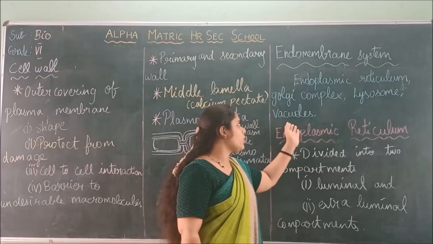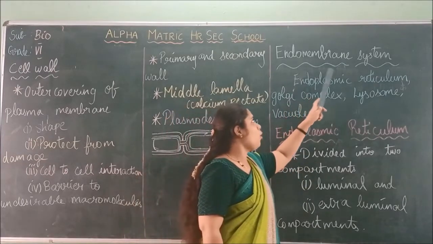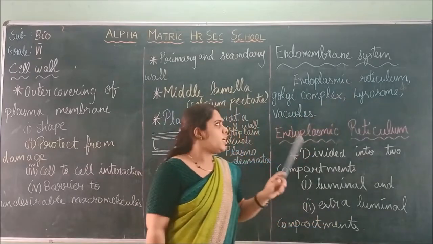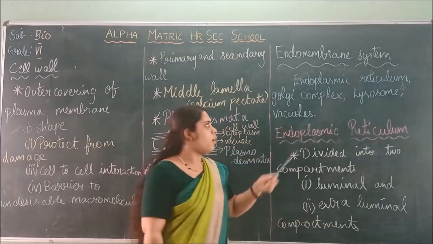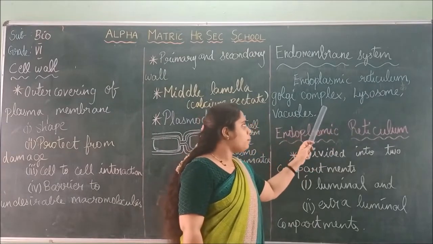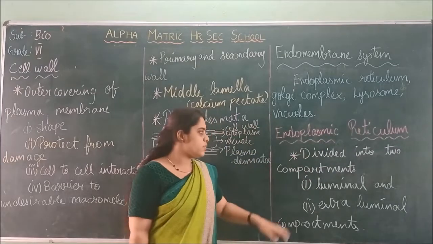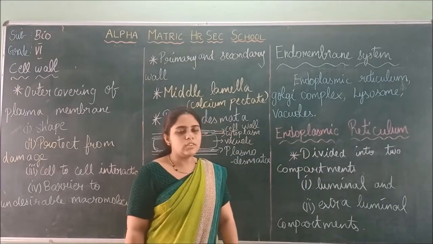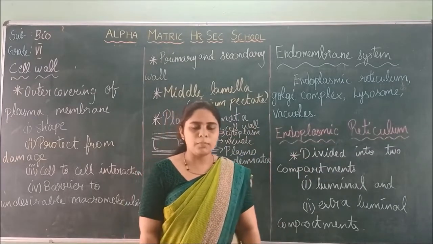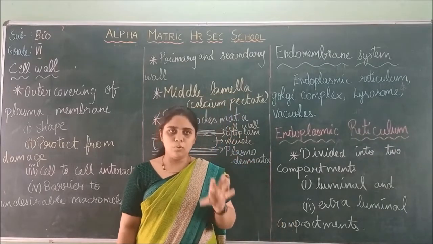When these organelles are together, they are called the endomembrane system. First we are going to see about the endoplasmic reticulum. This endoplasmic reticulum is of two types.